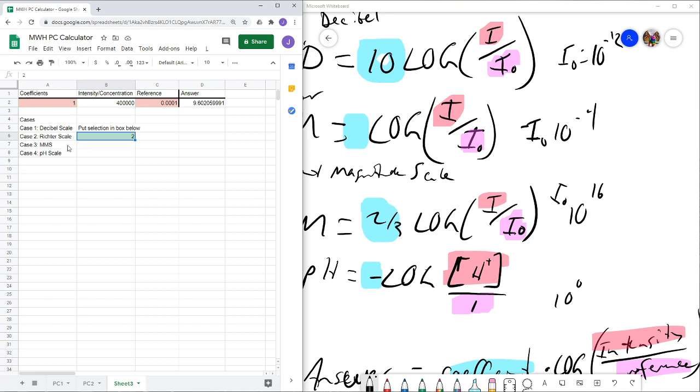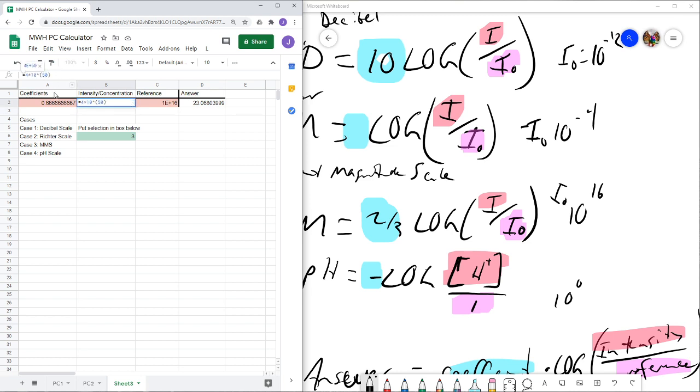And if we want to change it to moment magnitude, so 3. Notice we have a negative number here. That's because this is not a big enough value. That's because our reference value is 10 to the 16. So if we pick something like, suppose we have 10 to the 50 right now. Well, that wouldn't be a very realistic earthquake, a magnitude 23. So maybe I picked too high of a coefficient for demonstrating.